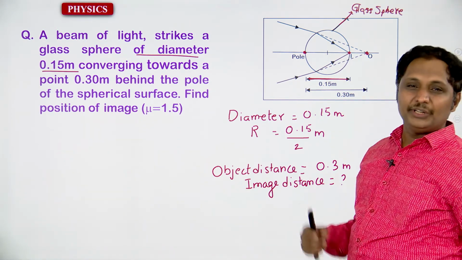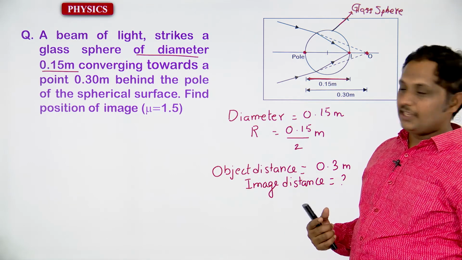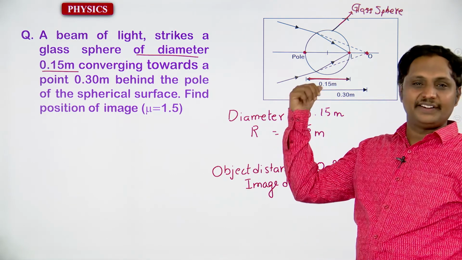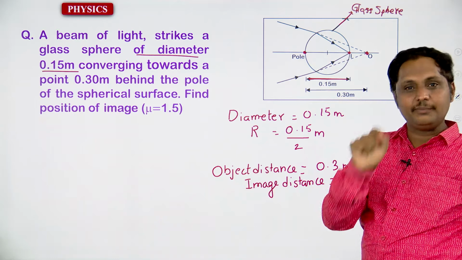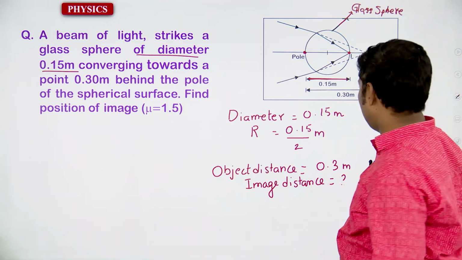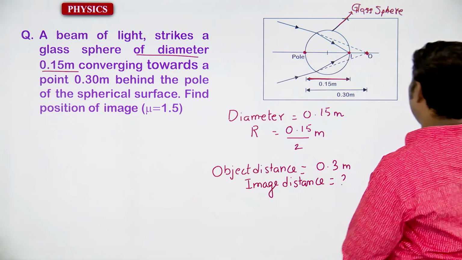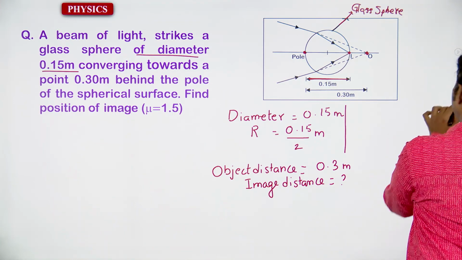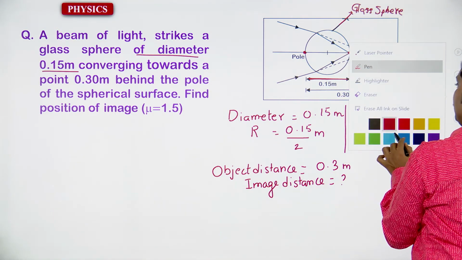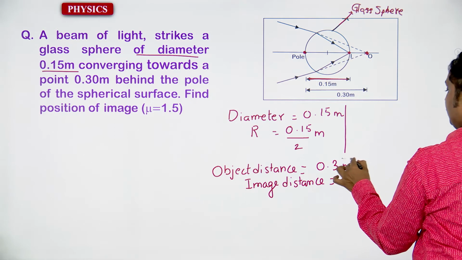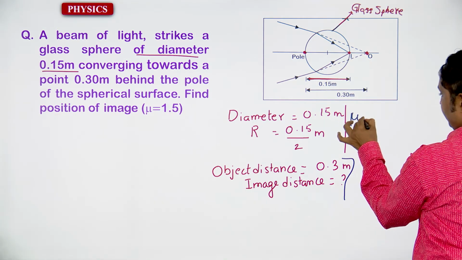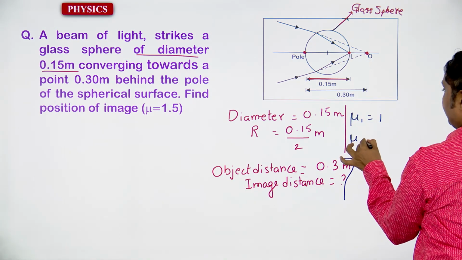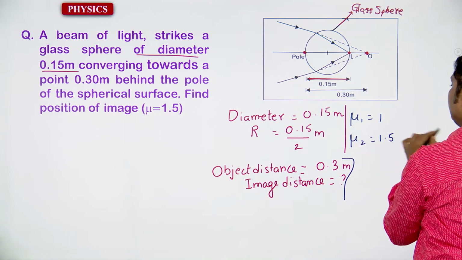We would like to talk about the nature of the image, which is going to be real, where the refracted light ray cuts the principal axis. Also, mu1 is equal to 1, and mu2, the refractive index of the denser medium, is going to be 1.5.